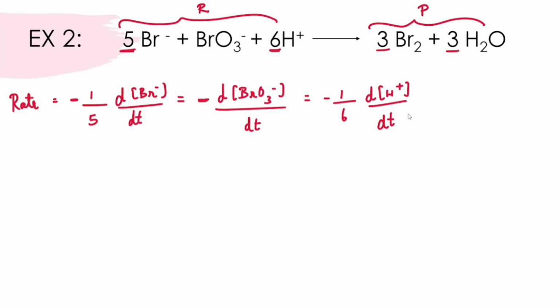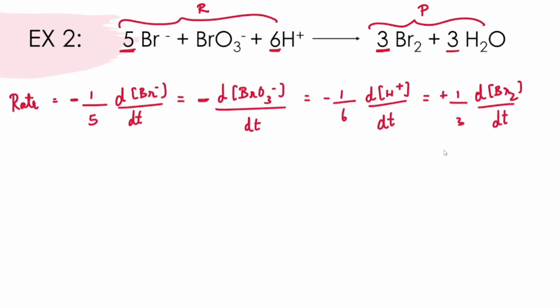Now we will write for the product side. We have to equate it. Okay, for the product side, it will be positive sign. So we actually don't need to mention this positive, but for your understanding, I am just writing it. Positive, here we have 3, so 1 by 3 d of Br2 by dt.